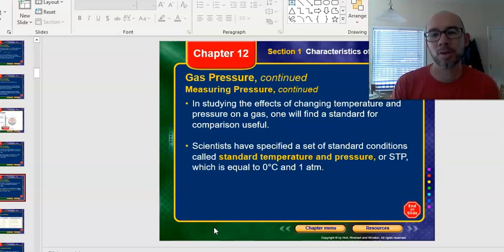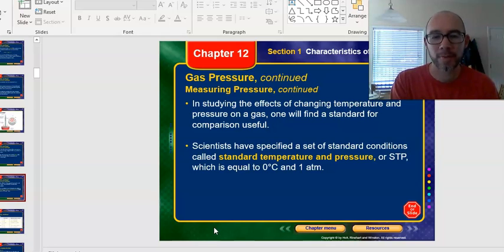So if we set the thermostat to go to 0 Celsius, which would be pretty cold, and 1 atmosphere of pressure, then we can do our experiments and know from a chart exactly what volume conditions we should experience with gases, and how many particles there would be in that volume of gas. So STP is 0 Celsius and 1 atmosphere, and don't you ever forget it. Okay? Don't you ever forget it.